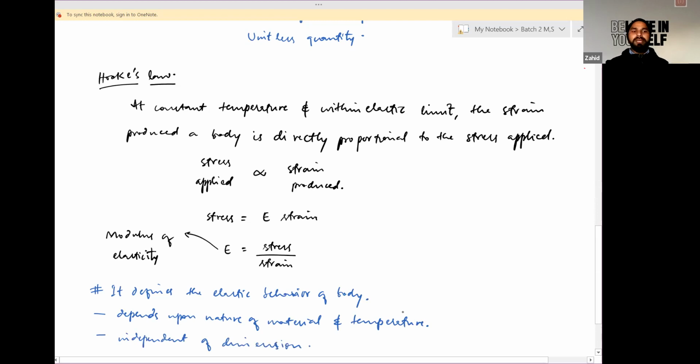Is it clear till this part? Is it clear to all of you?